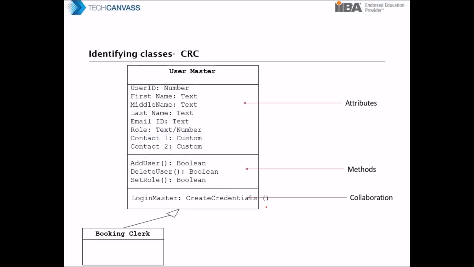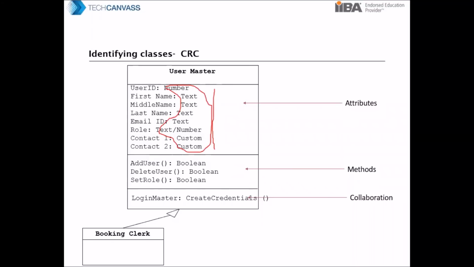Now let's see how it is going to be represented. Here we can have all the attributes and possible data types. Again, I keep on saying that it is not possible for you to identify everything in one iteration. There will be several iterations. In a typical scenario, if it's a very small system, you might have 1 or 2 people who brainstorm and do everything.